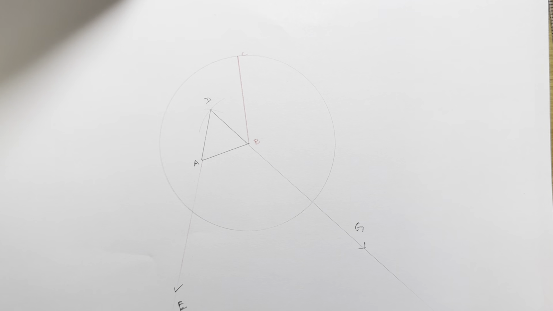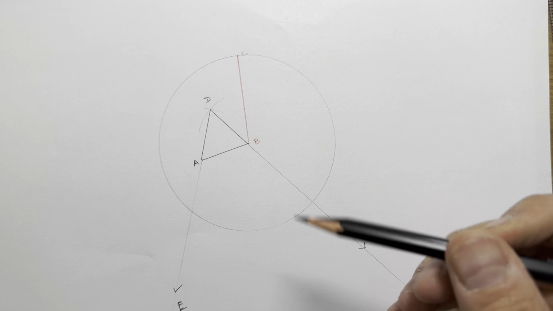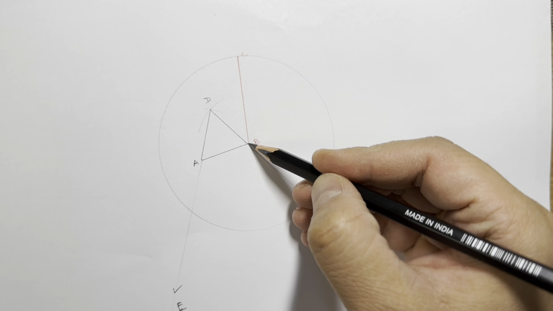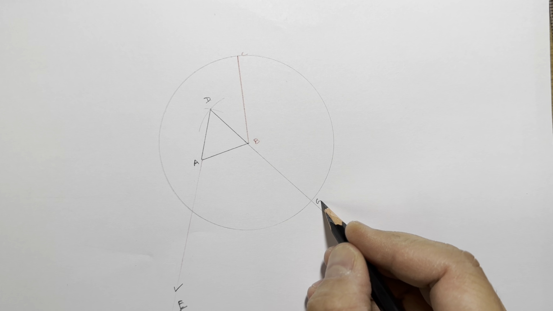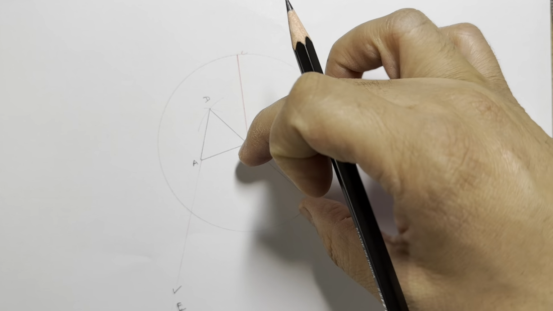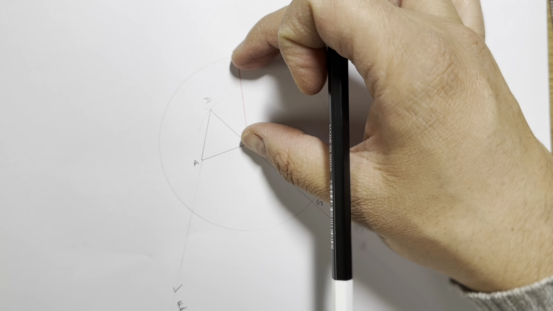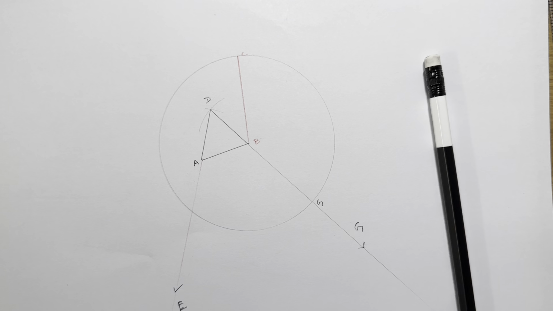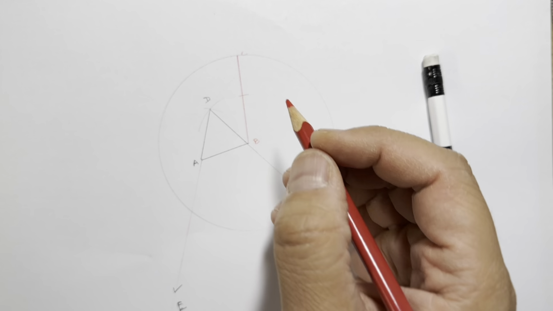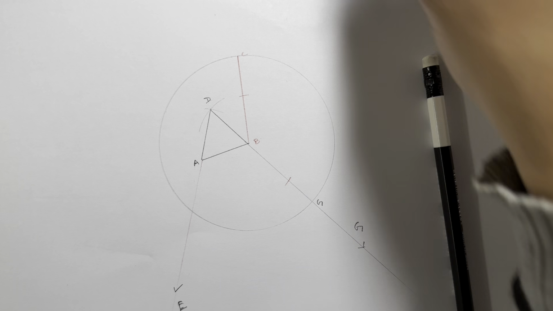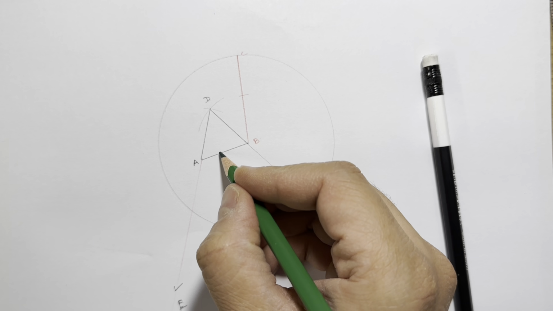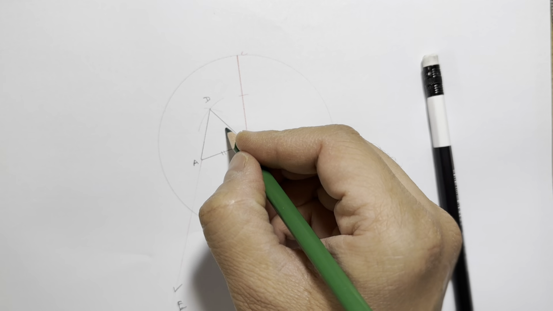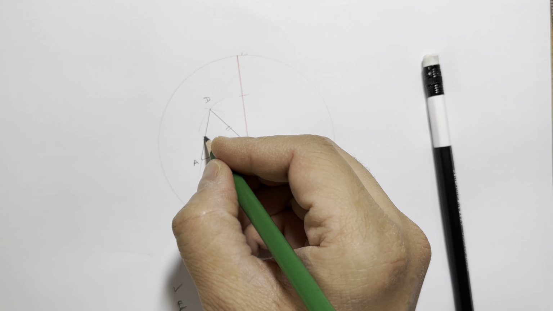So we see this circle with the radius BC. So this is the same as this. Suppose this point is G. BG is equal to BC. Let's just mark it. So BG is equal to BC. We also know that AB is equal to BD is equal to AD.